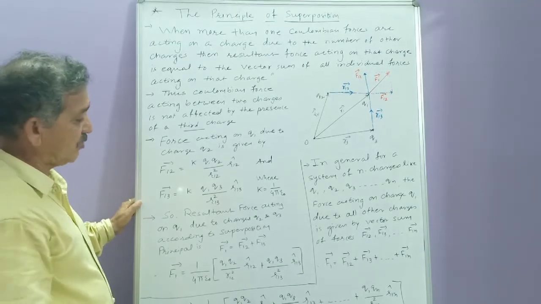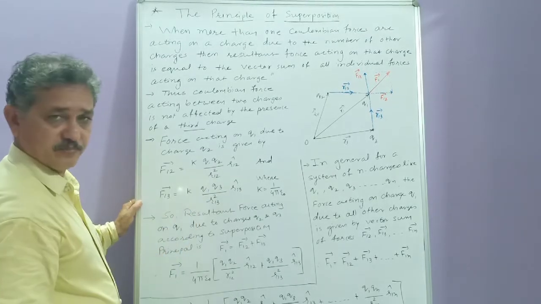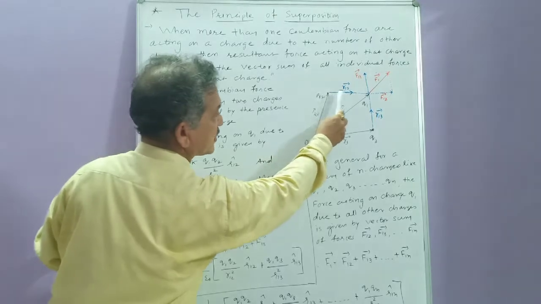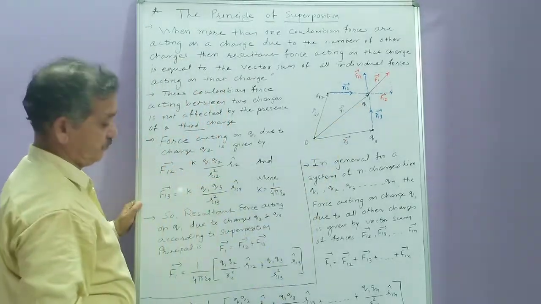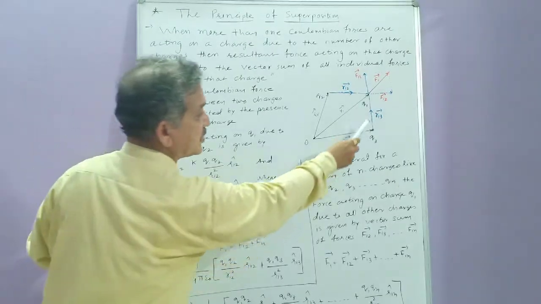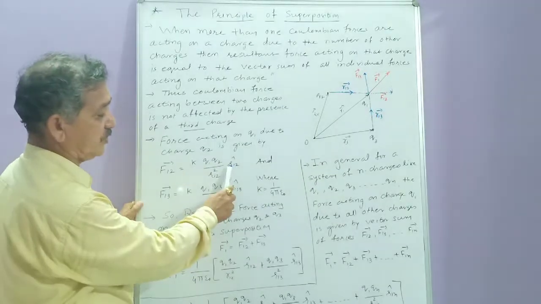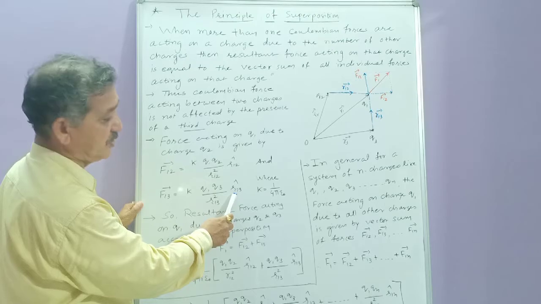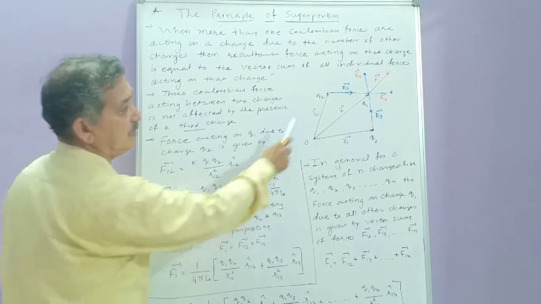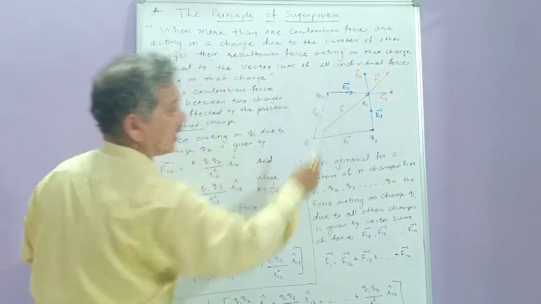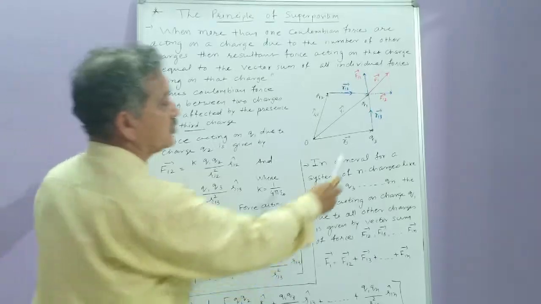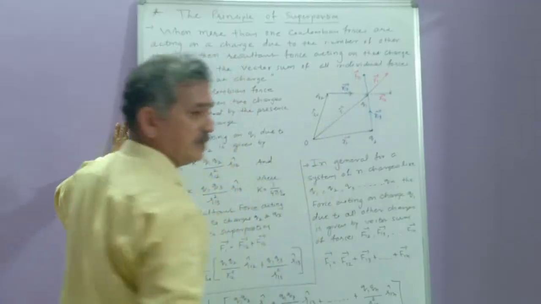Where what is R12 and R13? R12 is simply distance between charge Q1 and Q2. R13 is simply distance between charge Q1 and Q3. Whereas unit vector R12 and unit vector R13 are in the direction of vector R12 and vector R13. So these are the forces F12, F13.